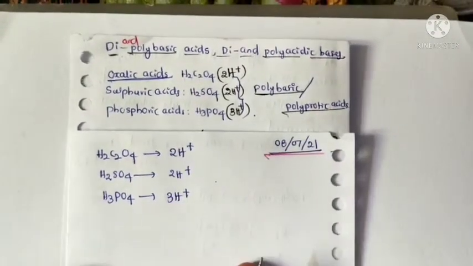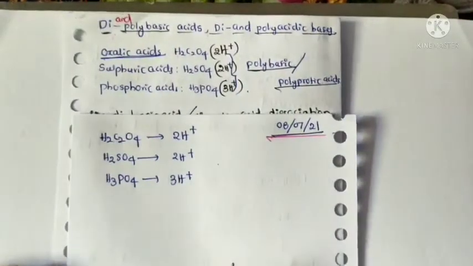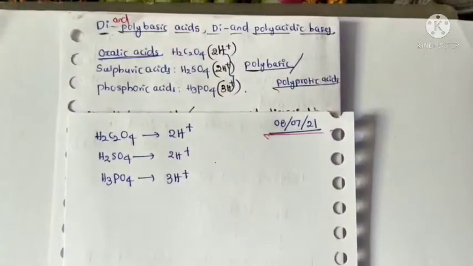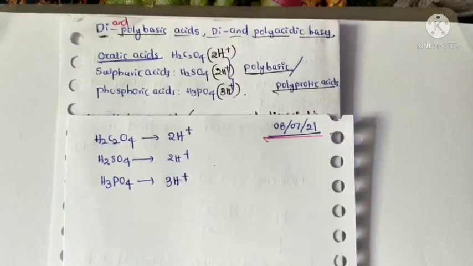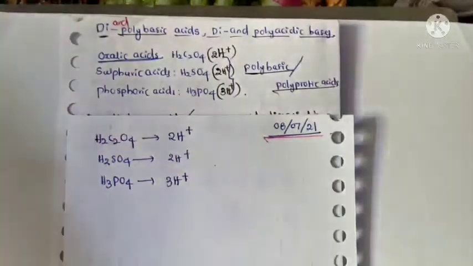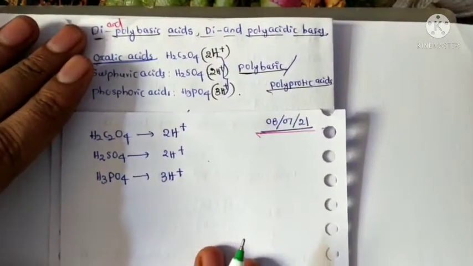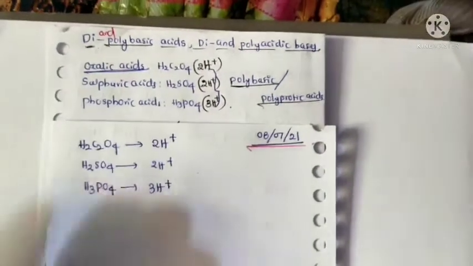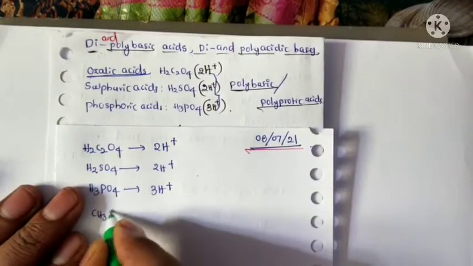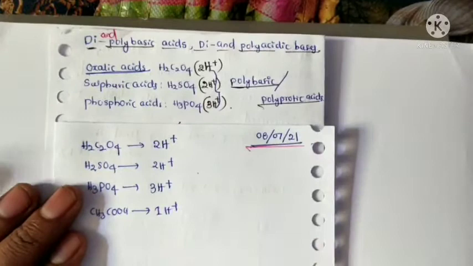So before this, we have seen only the monoprotic dissociation of weak acids and weak bases. There is no diprotic or polyprotic in those reactions. For example, acetic acid, CH3COOH. How many protons are there? One proton can be produced.